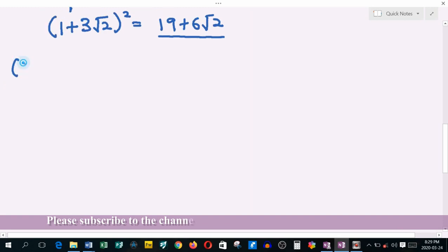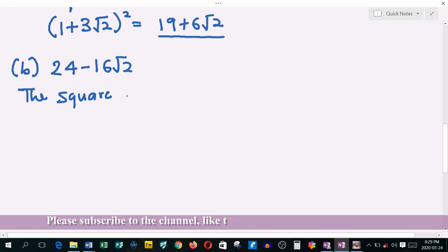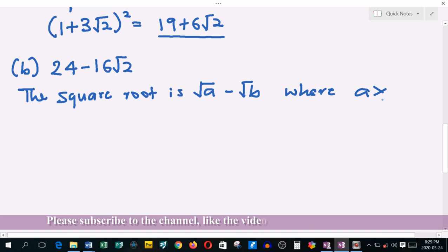For our b, we are looking for the square root of 24 minus 16 root 2. We will go this way. The square root this time will be root a minus root b, and our a must be greater than our b.